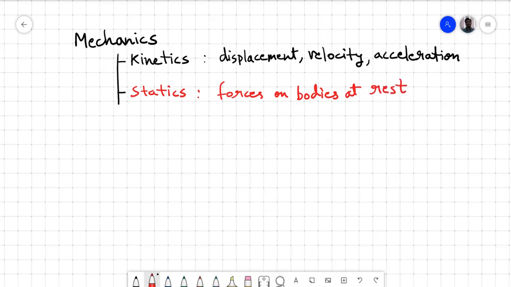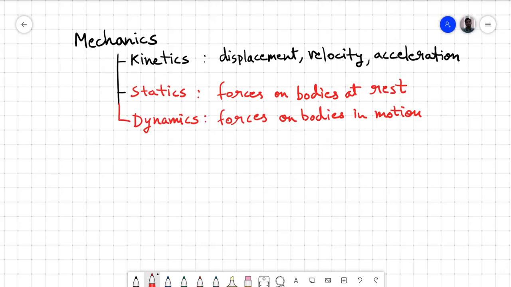And then you have dynamics. And this is the study of forces and the motion of those bodies which are moving. As you can guess, dynamics can only be for bodies which are moving, not for static bodies.